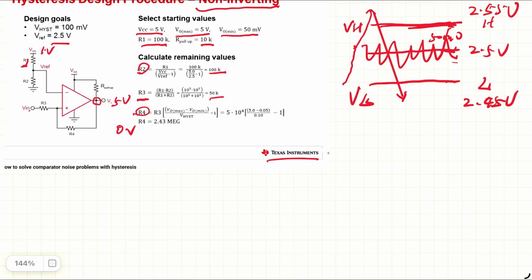Assume the input voltage goes from low to high. Because the output is low, it will stay low as the input voltage keeps increasing, and nothing will happen until the input voltage reaches 2.55 volts, which is the high threshold we are talking about here.